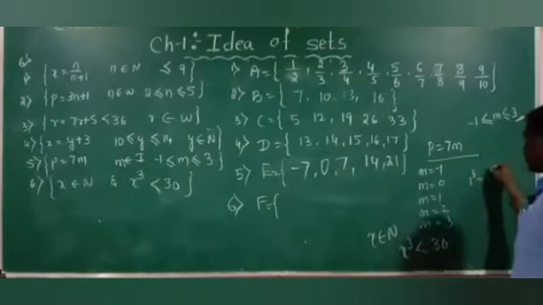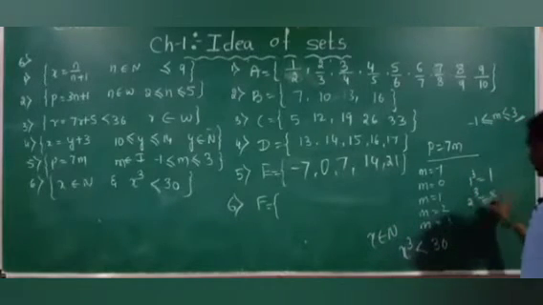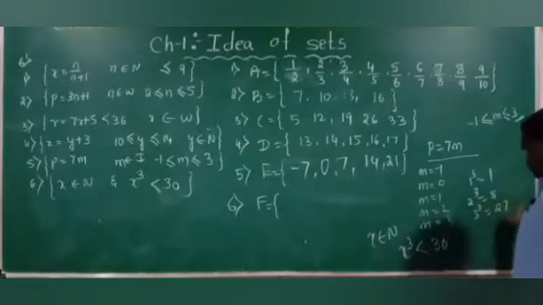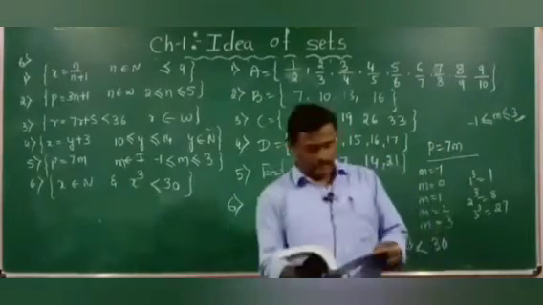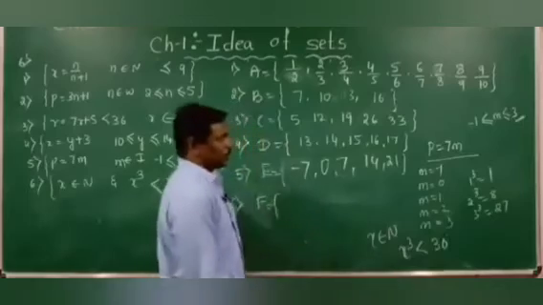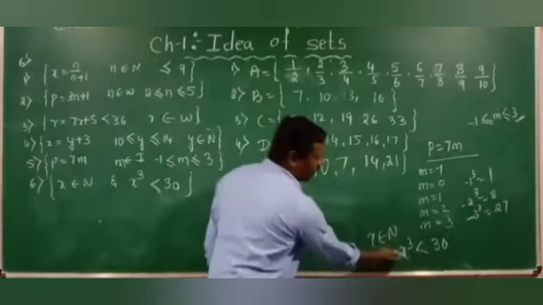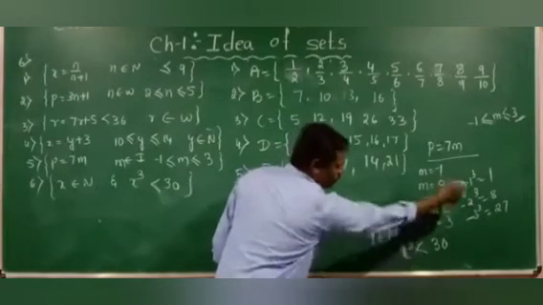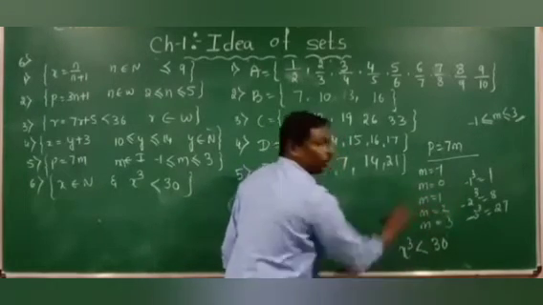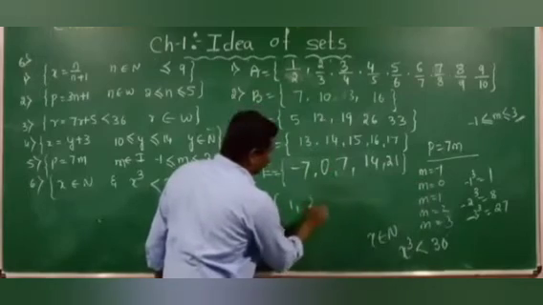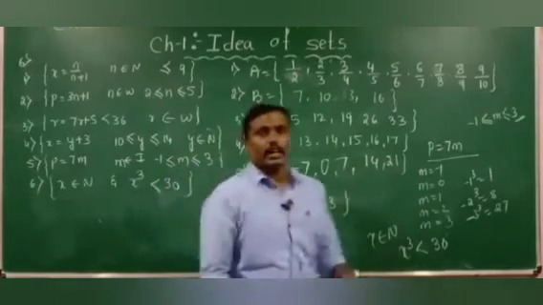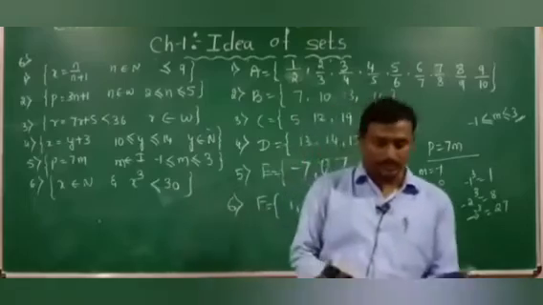So 1 cube is 1, 2 cube is 8, 3 cube is 27. So these are the x values. So the required values are 1, 2, 3. These three are the elements of the sixth question.